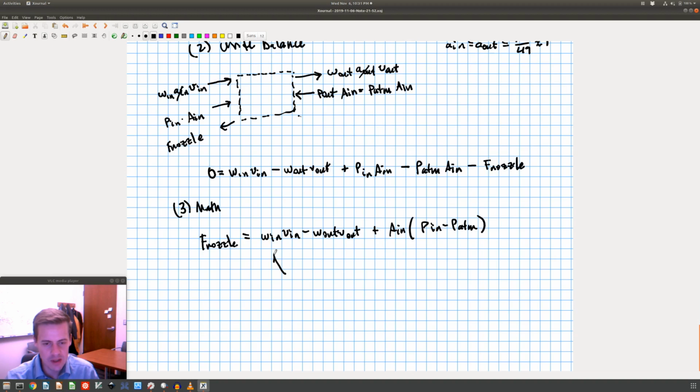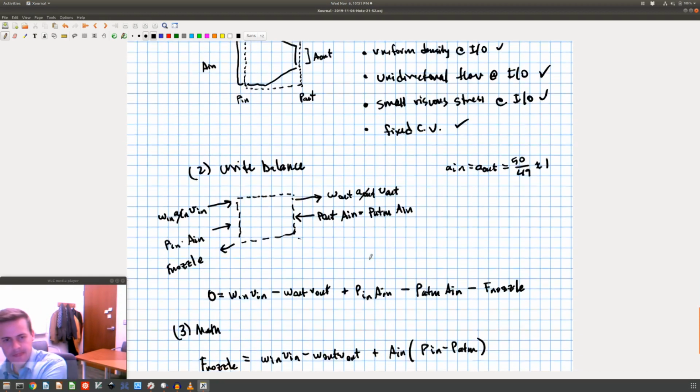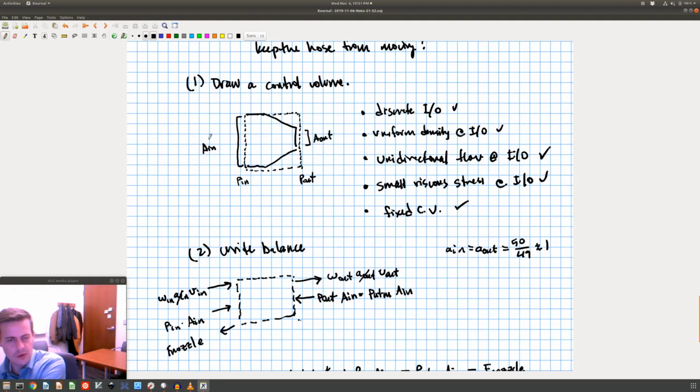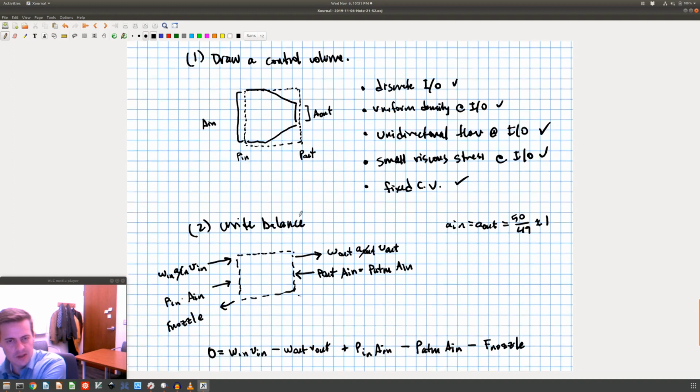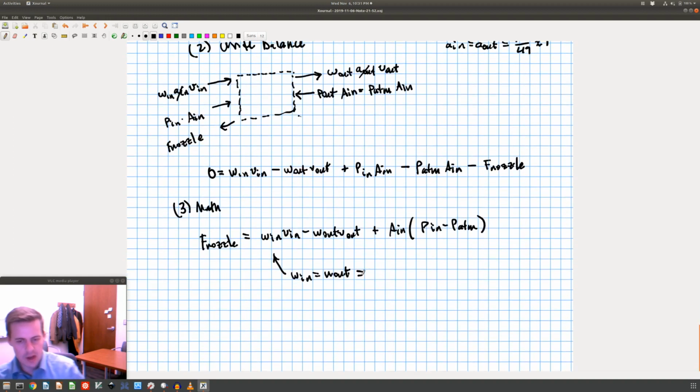Now I'm going to make a substitution here. I know that W in has to equal W out from a mass balance, right? So the mass flow in has to equal the mass flow out. I can say that's equal to rho A in V in, but I can also say that's equal to rho A out V out.